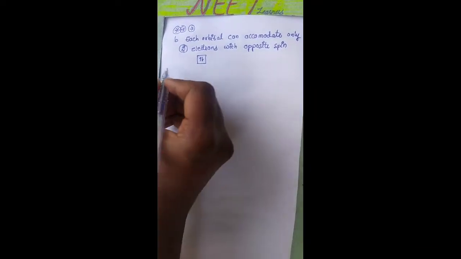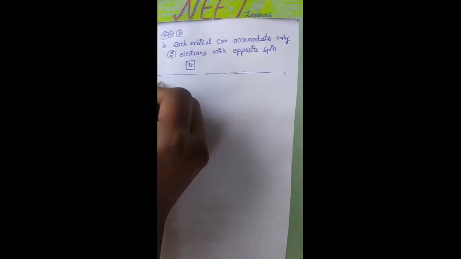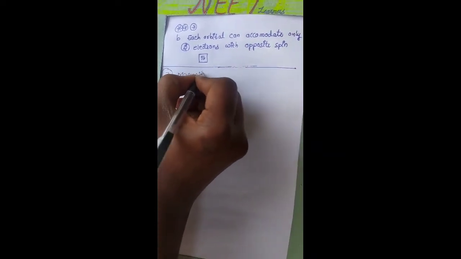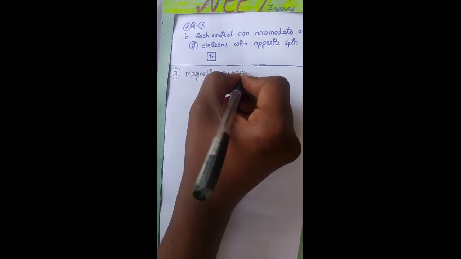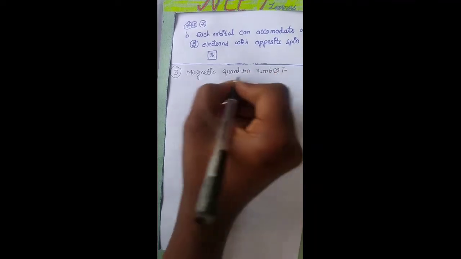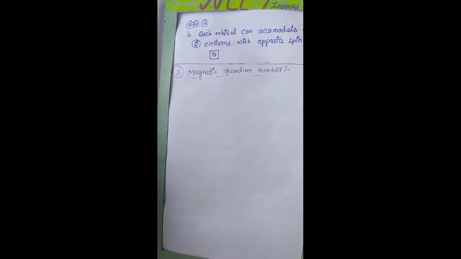Remember this. And the next thing, students, is the magnetic quantum number. The third quantum number is the magnetic quantum number. What does the magnetic quantum number tell us?